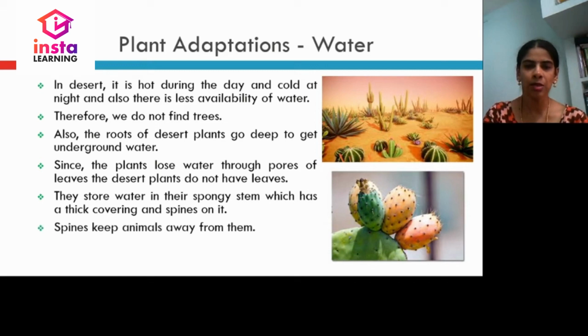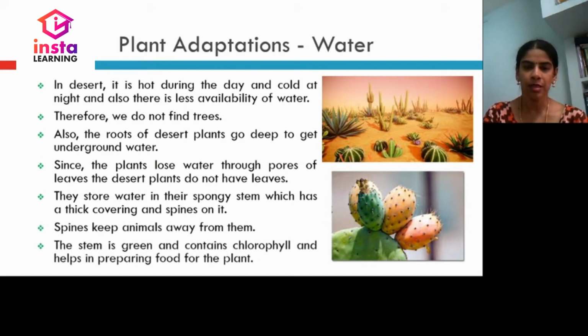Spines keep animals away from them. The stem is green, containing chlorophyll. Hence, the stem helps in preparing the food for the plant.